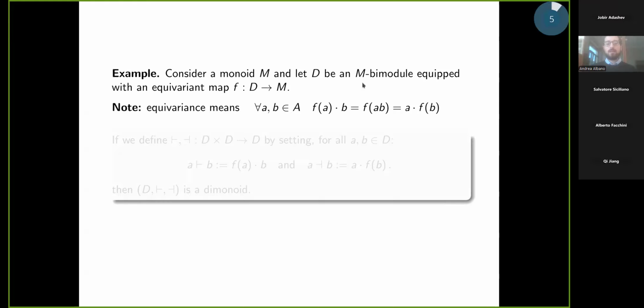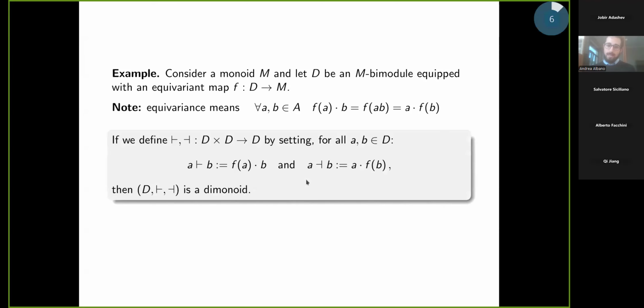Now, just to get a flavor of what we are working with, consider a monoid M together with a bimodule D and an equivariant map f from D to M. Then we can define two binary operations, as you can see on screen, that produce a di-monoid in this way.